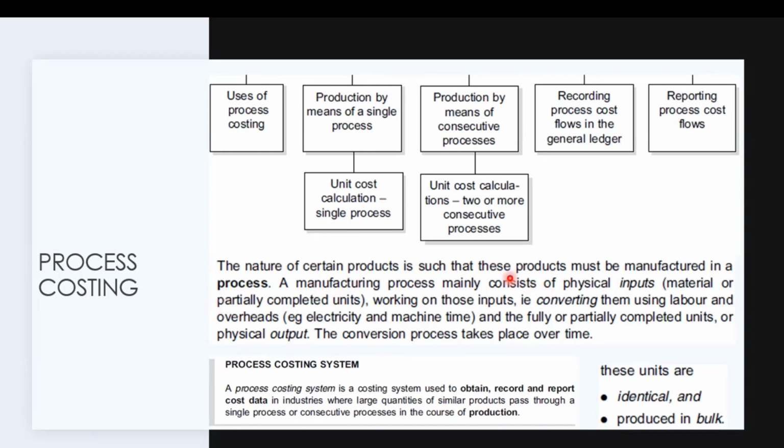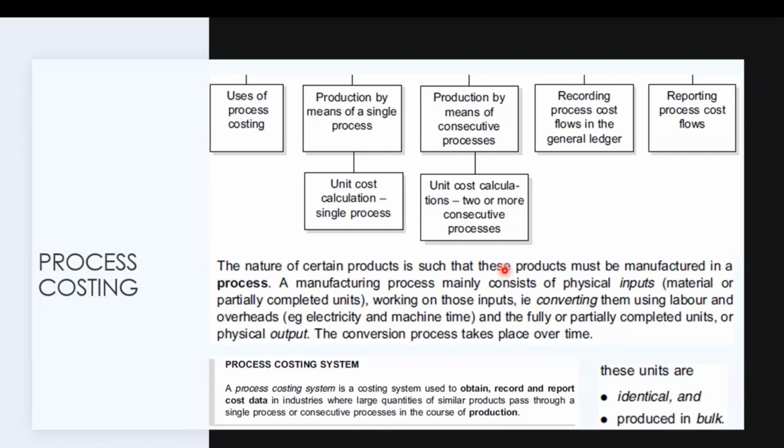I'm going to repeat so that you remember that process costing is when certain products go through a certain process in order for you to end up getting the final product. Meaning that at the beginning of the process, there will be physical inputs, whether it's material or partially completed units that come from a previous process.